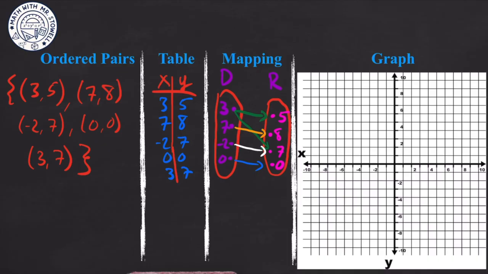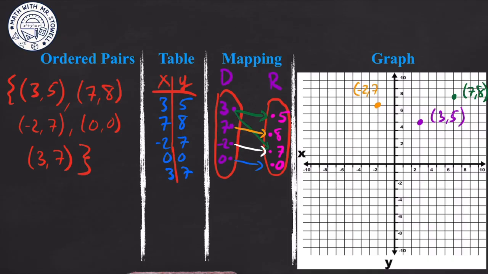Graph. You guys should all know how to graph, but in case we forgot, take our x value. For the first one, we go over 3, up by 5. This is 3, 5. We have 7, 8, so 7, 8 will be right here. We can have negative 2, 7, which would be right here.